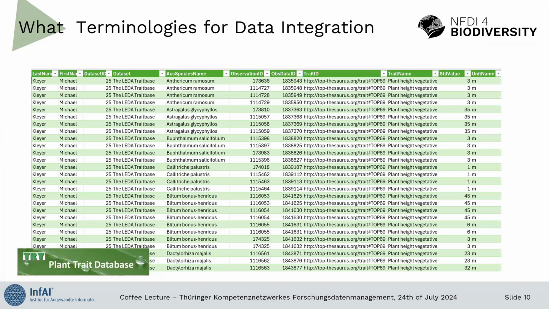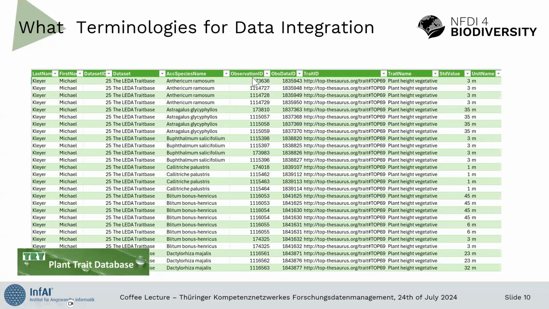So the final use we make of terminologies is for data integration. I show here an example from the plant trait database, TRY, where there are some observations of specific traits. And what we need to do is to achieve first a structural integration, so structural interoperability first, and then also semantic interoperability.